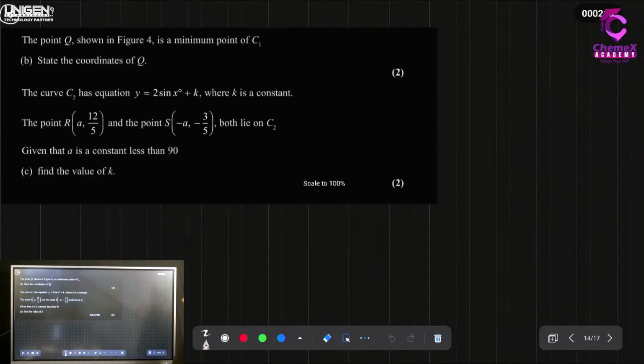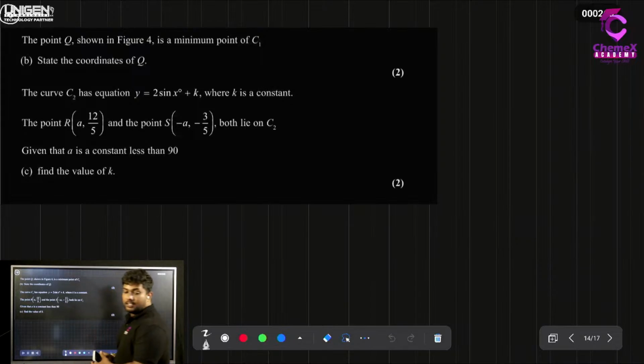Okay, next part. The point Q shows that figure 4 is a minimum.